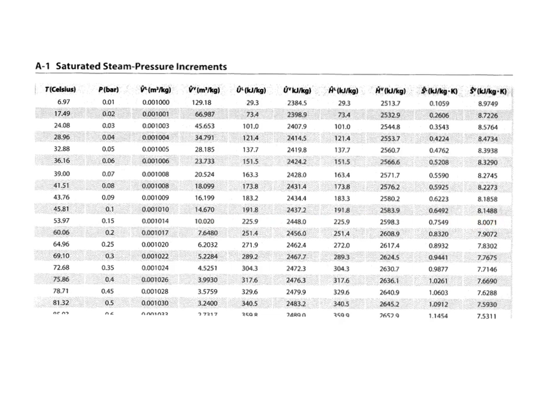You'll notice that the temperature is given at various intervals. Here, for instance, it lists 24.08 degrees Celsius, 28.96, 32.88, 36.16, 39, etc., all the way down that line. Now, what if we want information about saturated steam at a temperature that's not listed on this chart?